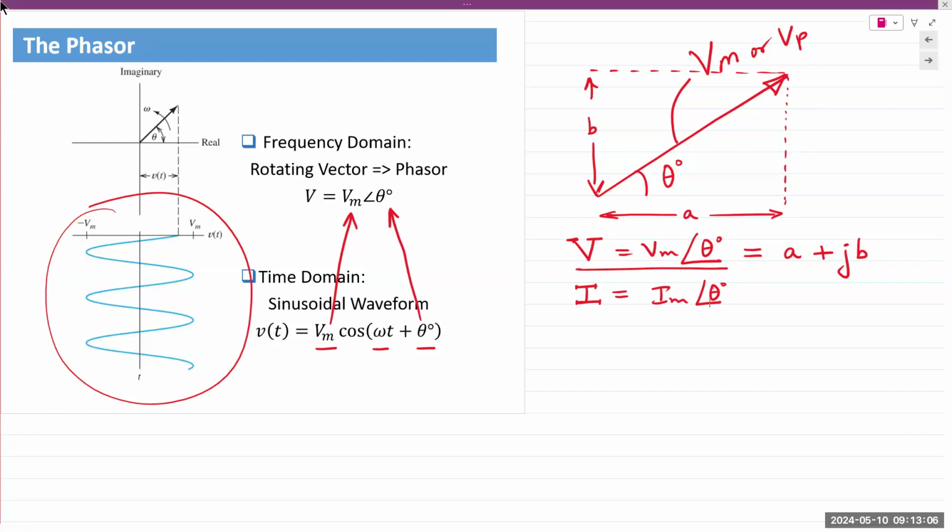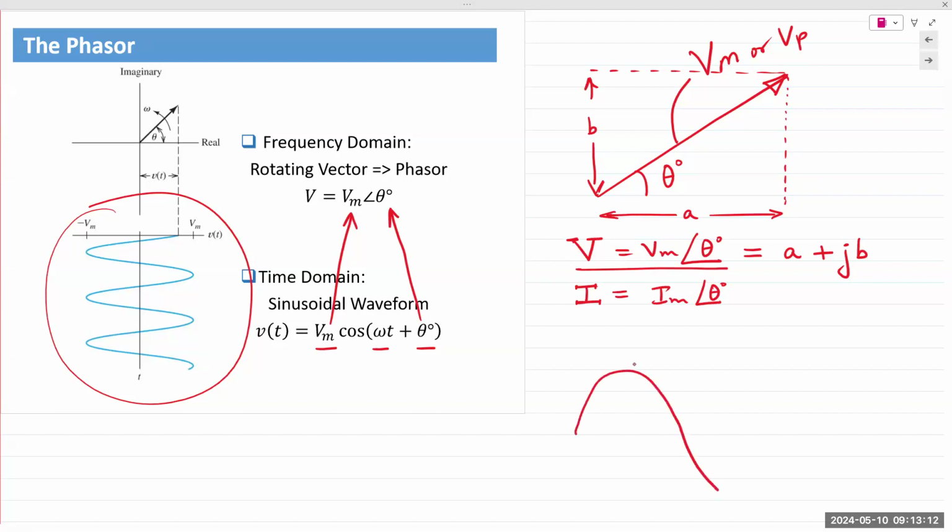So one notation about this is that we are representing only one full cycle. Okay, one full cycle. Now, the x-axis is of course always time. The y-axis could be either voltage or current.